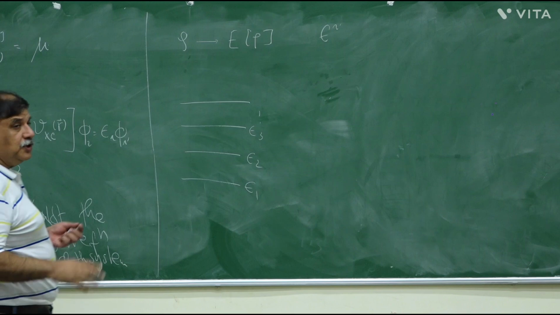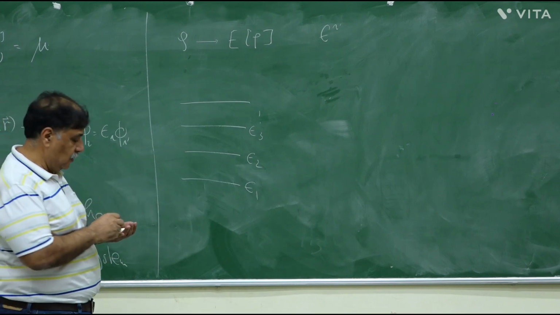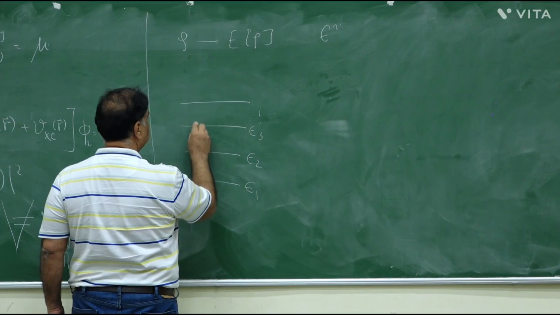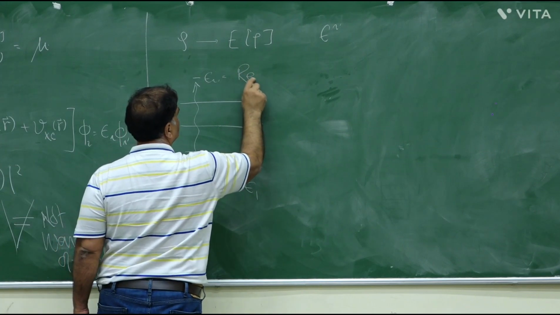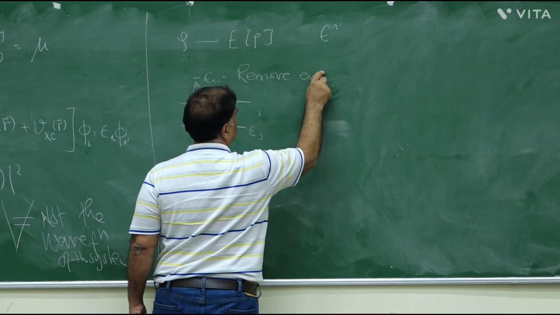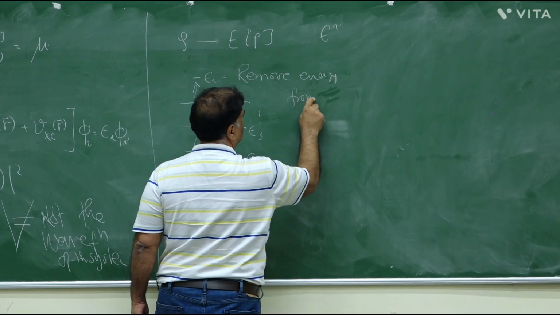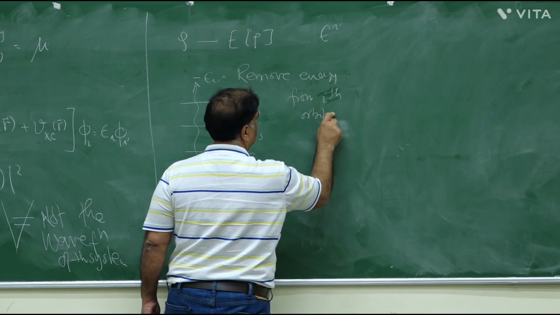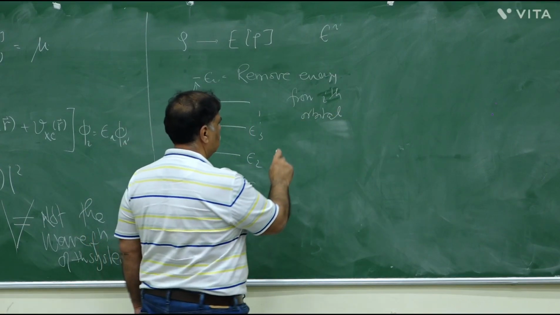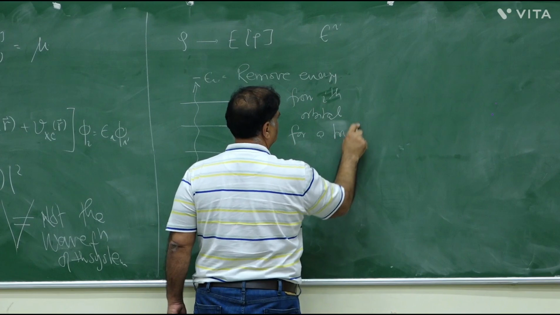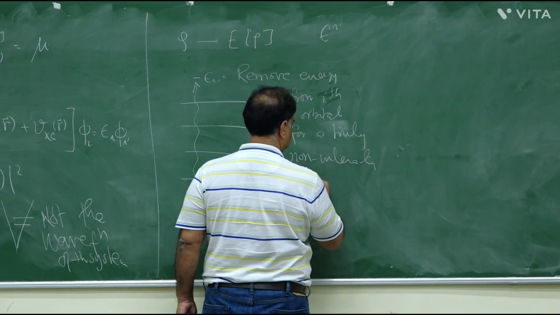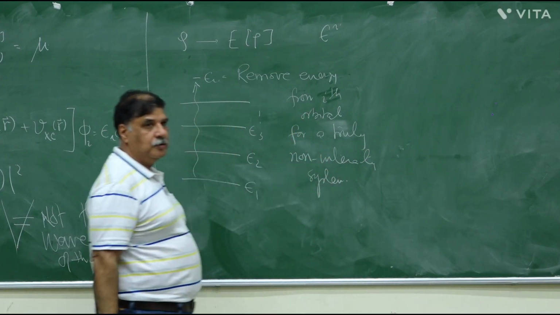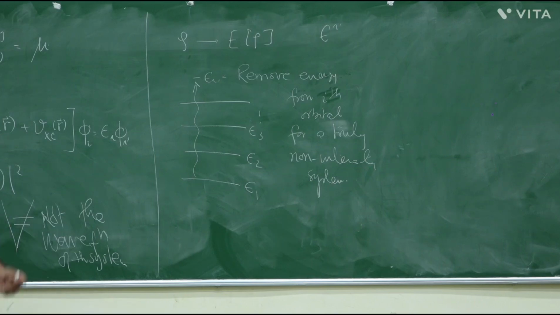Whereas if this was a truly non-interacting system, like the hydrogen atom where nothing is happening, then each one of these would be a removal energy. Epsilon_i would be the removal energy from the ith orbital for a truly non-interacting system. Not anymore. This is an auxiliary system, a virtual system, and doesn't have any meaning.